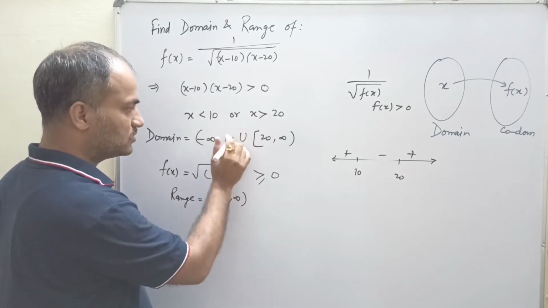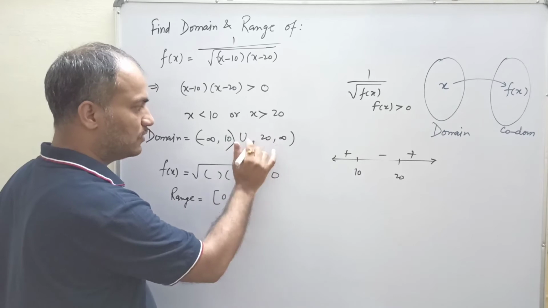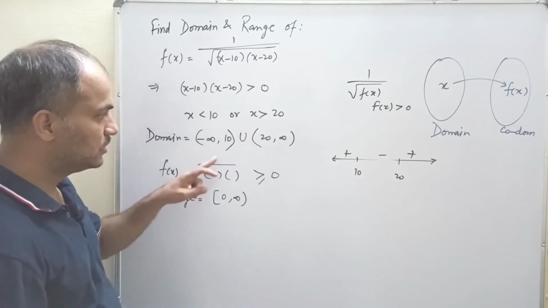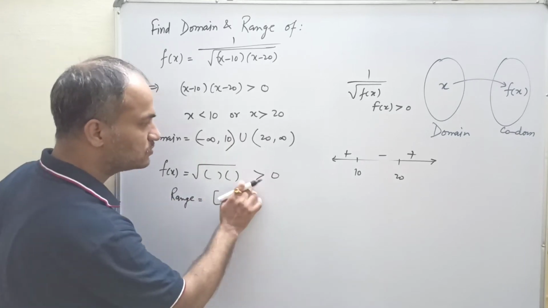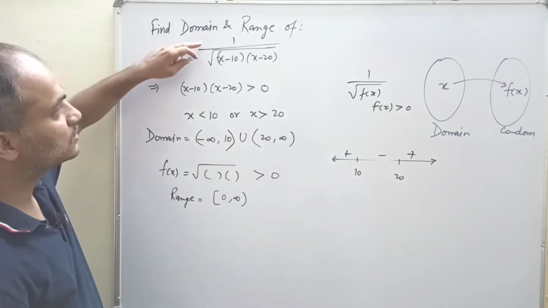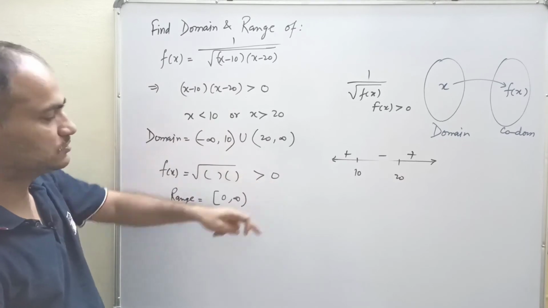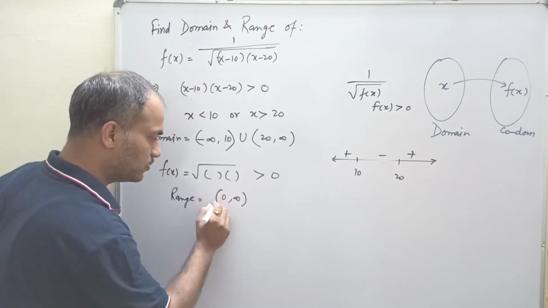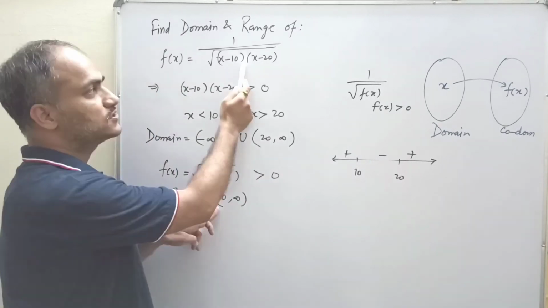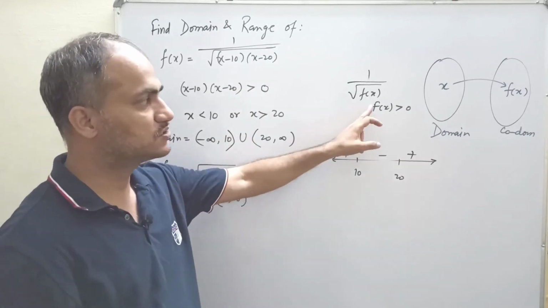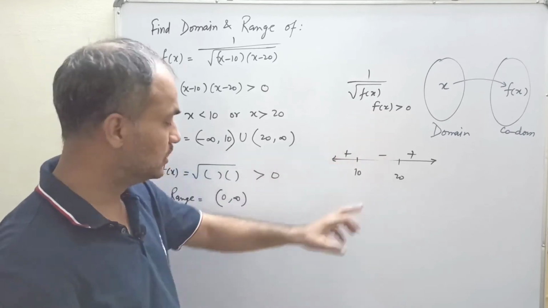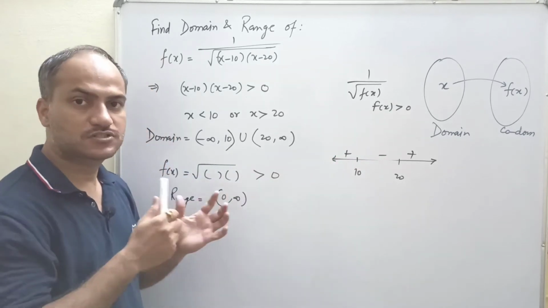Similarly, here this will be an open interval, so obviously it cannot achieve the value 0. The function is always going to be positive, meaning greater than 0. The values 10 and 20 were already excluded because of this condition. So this will be the range for such a case.